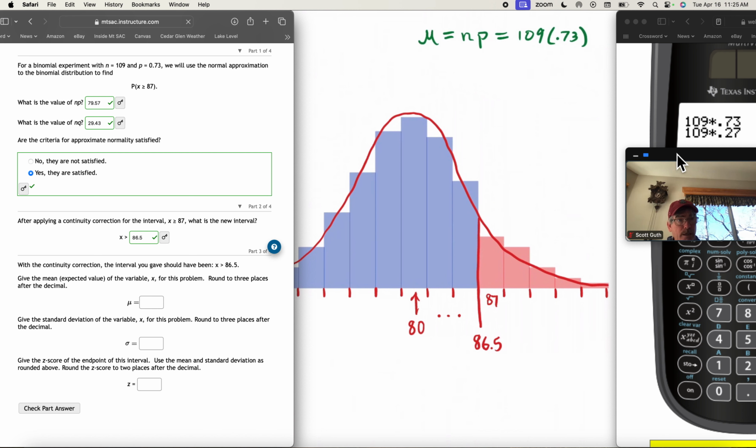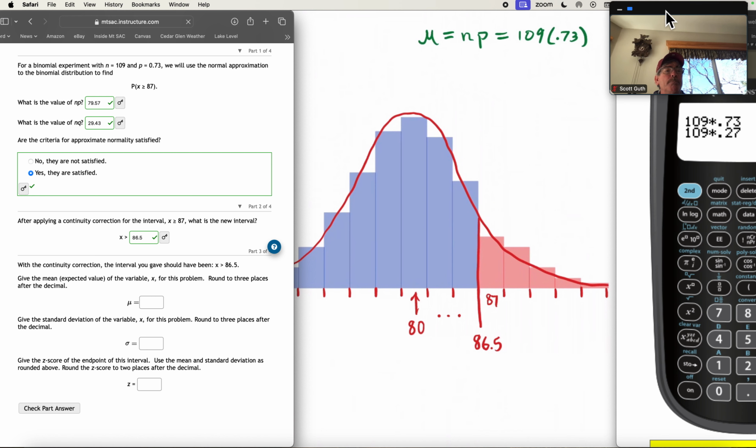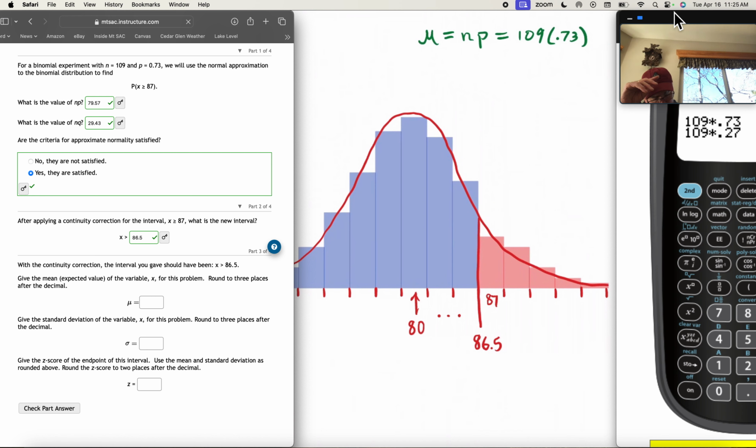Okay, and then put this back up. All right, and then we did the math on that. np was 79.57, and that's about 80, and that's why I made 80 the highest bar on the graph. And then nq we don't need.